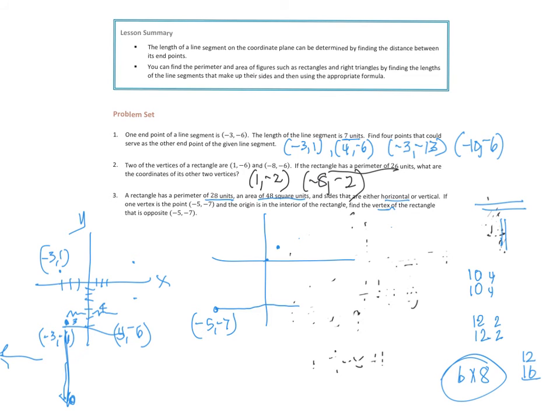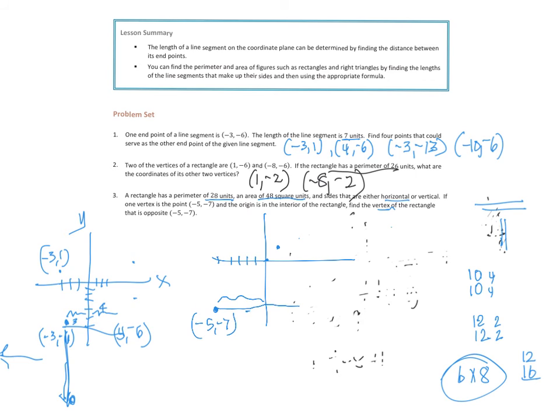So I think I have to go, and I don't know which way, but I think I have to go 6 on one side and 8 on the other. So if one is at -5, -7, then that means this distance is going to be, and then I'm going down 7.